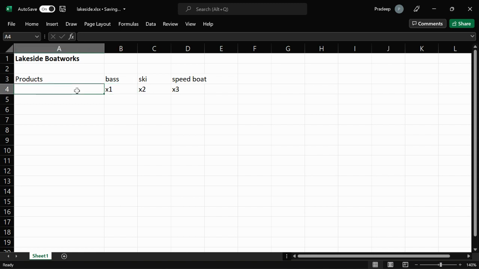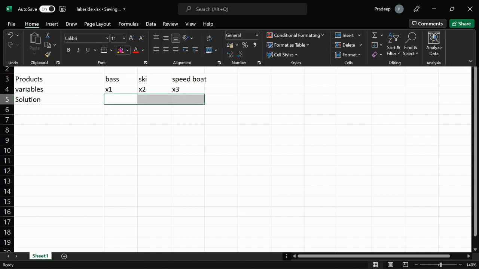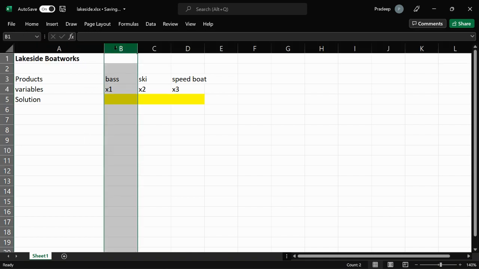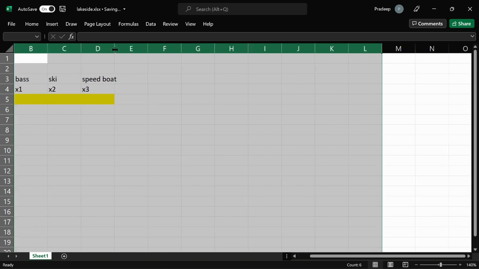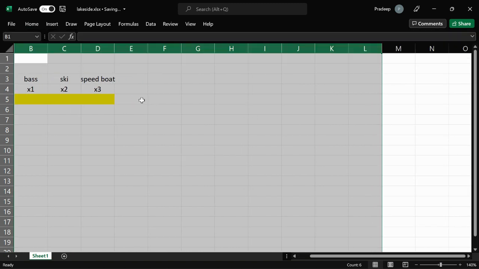So these are the products, these are the variables. Now, what is the solution? These three blocks, I'll fill with yellow color. This is where we have to find the solution. Let me do center justification for all these columns.